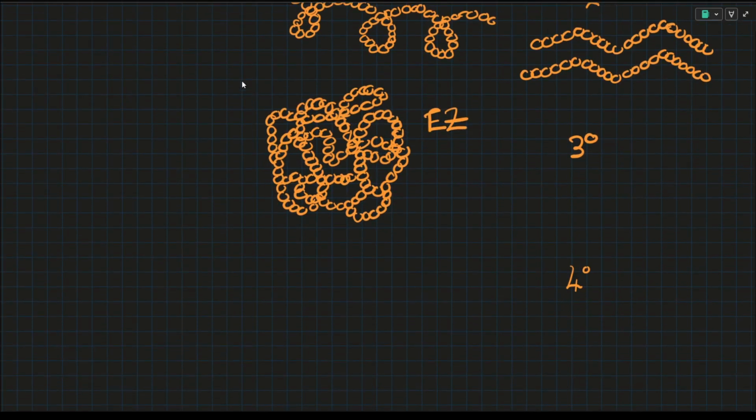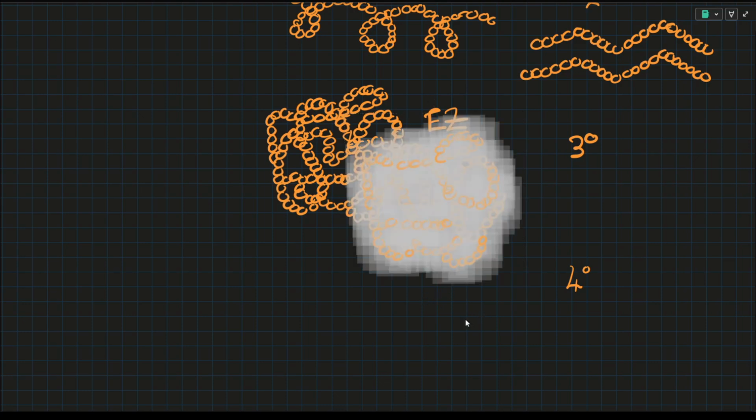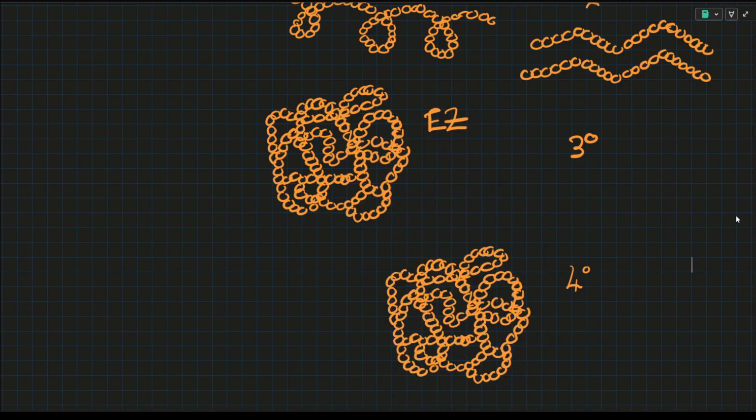If you want to make this a quaternary protein, this is what you have to do. I'm going to take it, copy it, place it here like this. Now I'm going to have another amino acid chain interact and wrap around this protein.